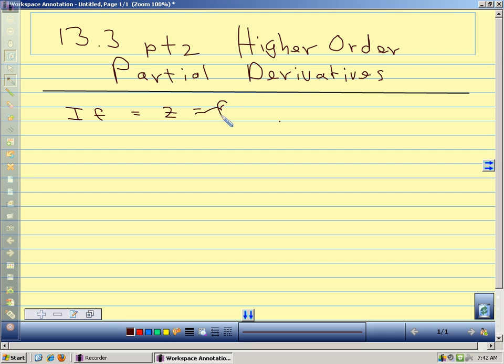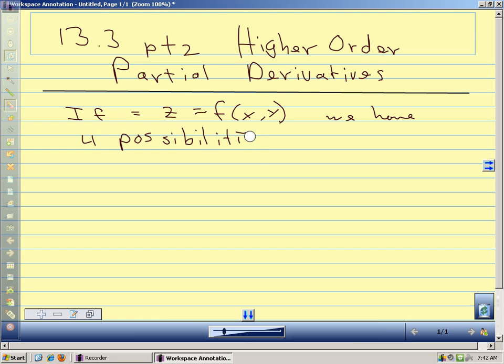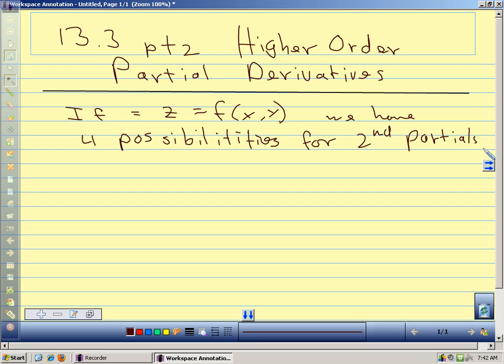If z is a function of x and y, then we have four possibilities for a second partial derivative. And we call them second partials just as kind of a shorthand.